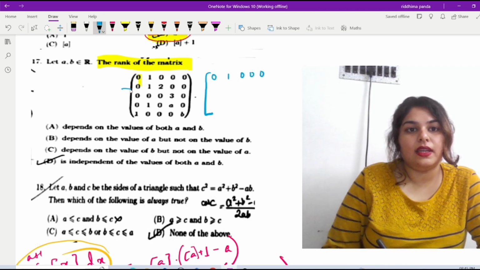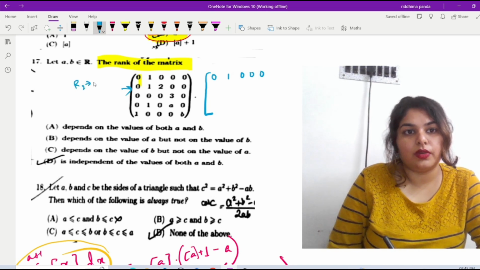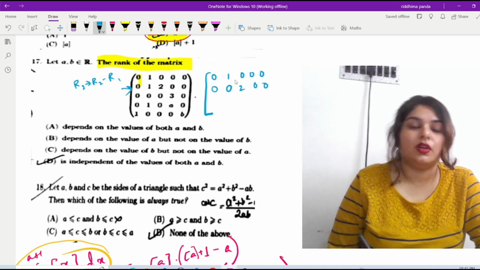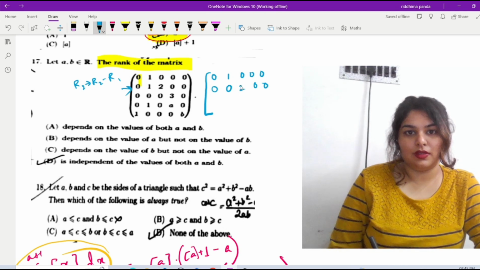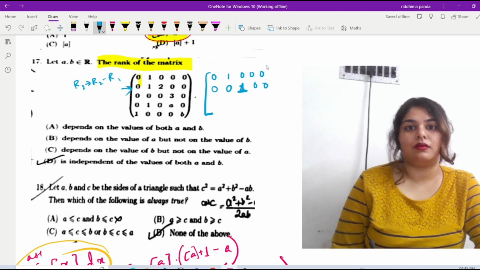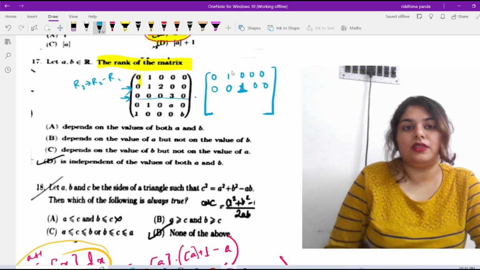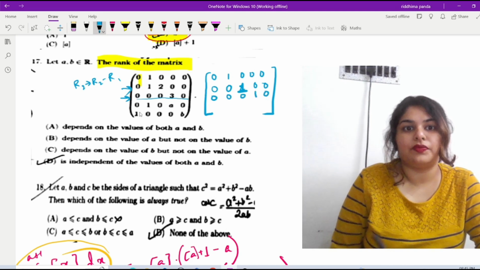Now for the second row, R2 is R2 minus R1, that is 0 minus 0, 1 minus 1, 0, this is 2, again 0, 0. Now I can divide this whole row by 2, so this will become 1. Again, this row I can divide by 3, so I get 0, 0, 0, 1, 0.